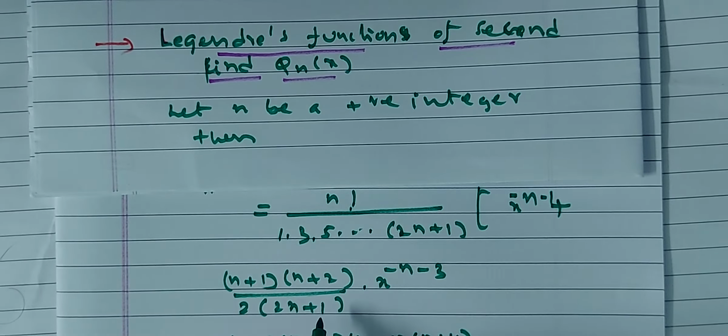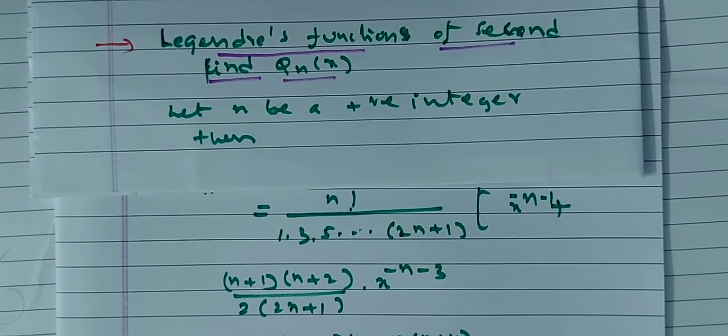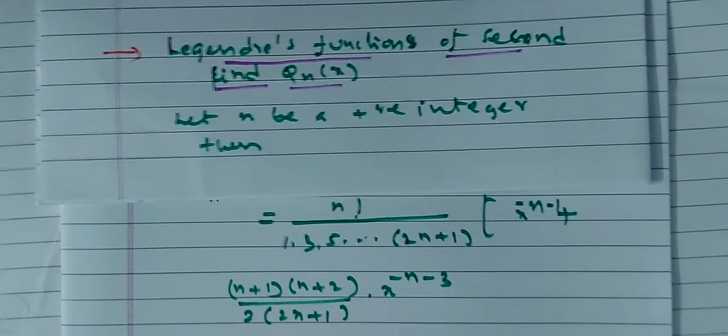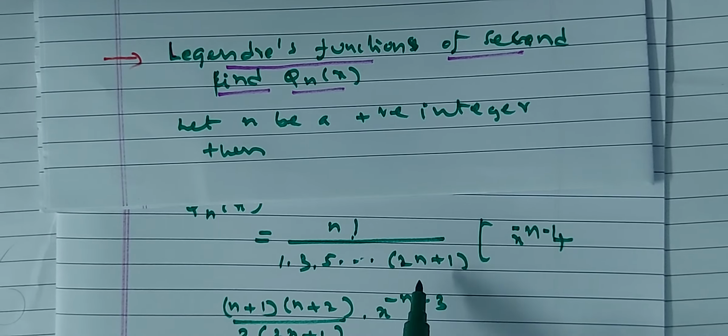In the previous step also, it was written 2n plus 1, already the term is there, next is 2n plus 3.